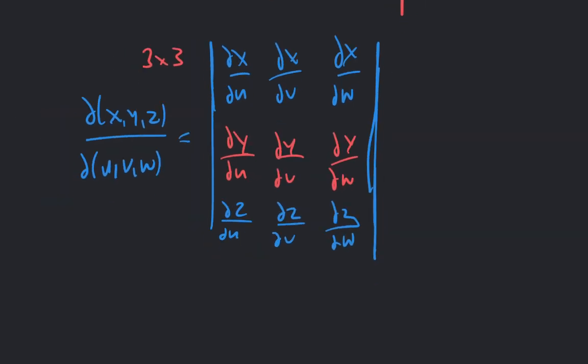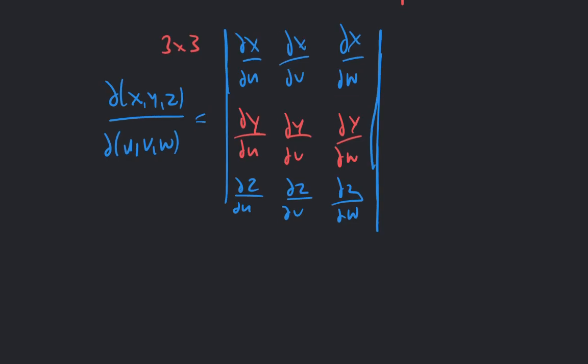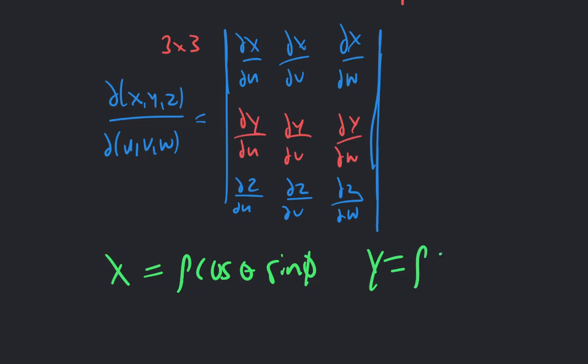If we were to use spherical coordinates, if we use these substitutions, x is equal to rho cosine theta sine phi, y is equal to rho sine theta sine phi, z is equal to rho cosine phi.